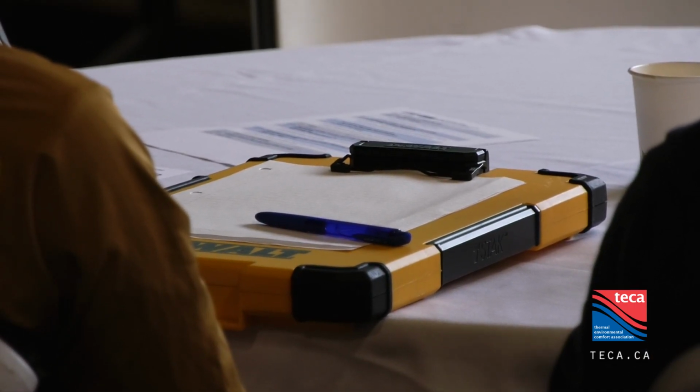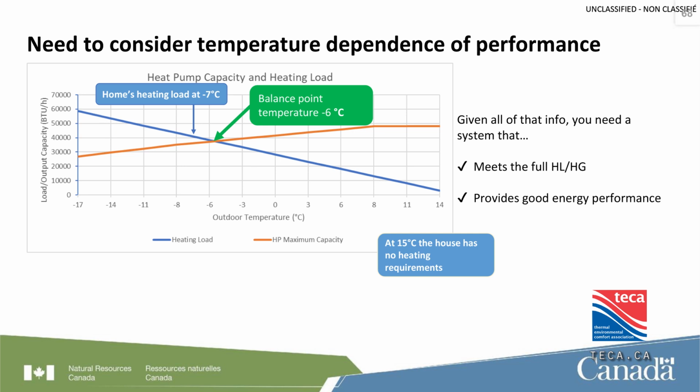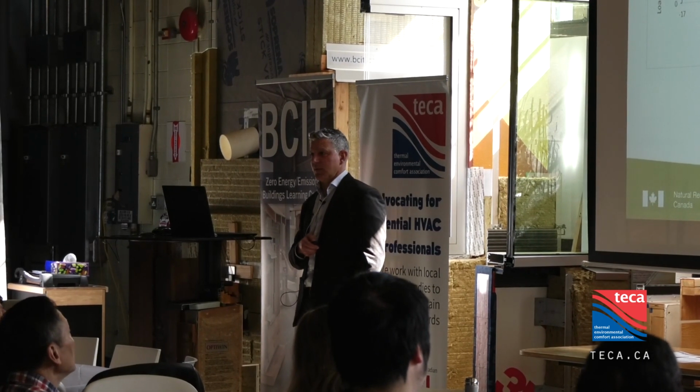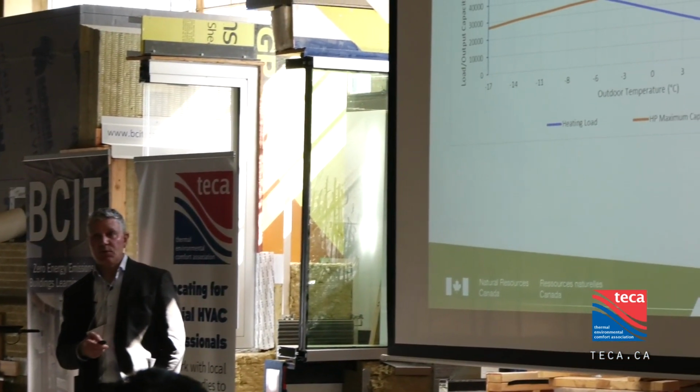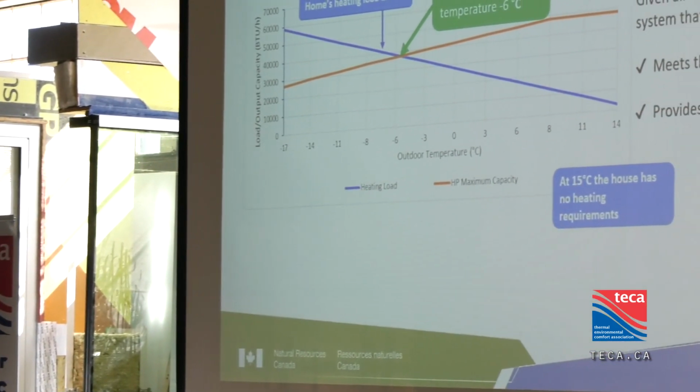As the temperature cools off outside and the heating load for the home starts to rise, obviously the heat pump's going to keep working, but there's a crossover between the heating load and the capacity of the heat pump where it becomes less efficient, where it can't work at 100%.